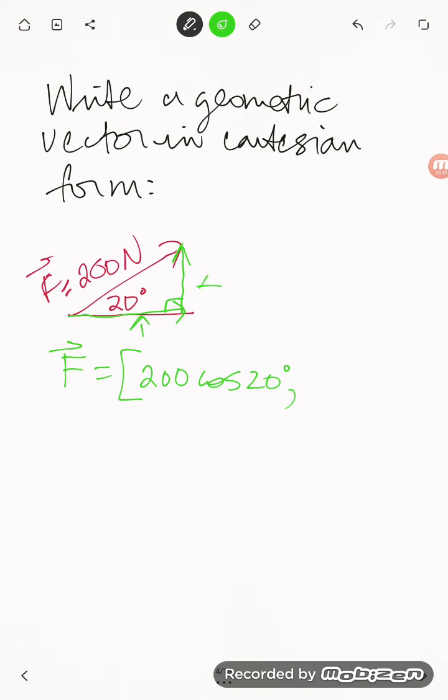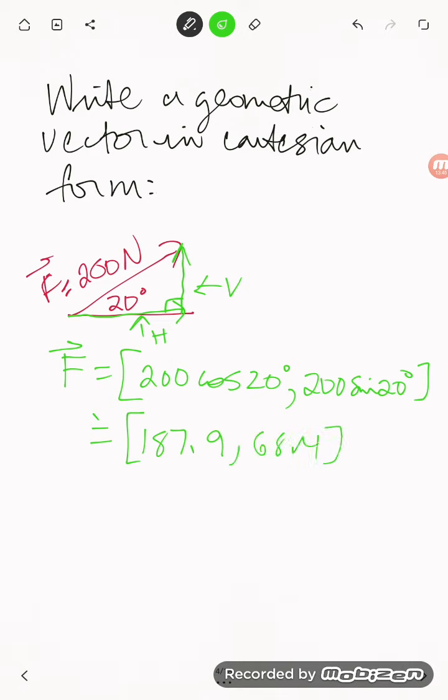And the vertical component, so this is horizontal, this is vertical, the vertical component is across from or opposite 20 degrees, and so therefore that component can be found by doing 200 sin 20 degrees. And then you would just use your calculator and get those numbers. And so it comes to approximately 187.9 and 68.4 for this Cartesian version of this geometric vector.